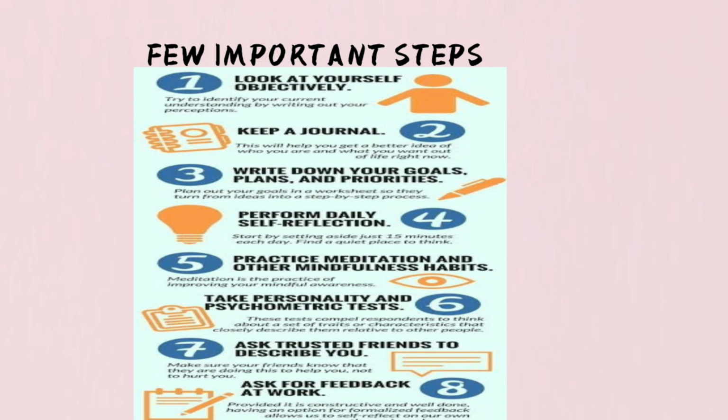The next step is to perform daily self reflection. Daily self reflection means reflecting on the things that we do daily. So we have to trace the significant events of our life. Those significant events will be our reflection.